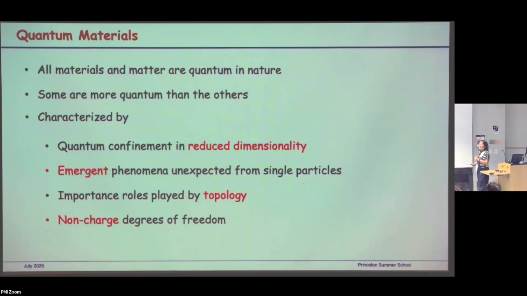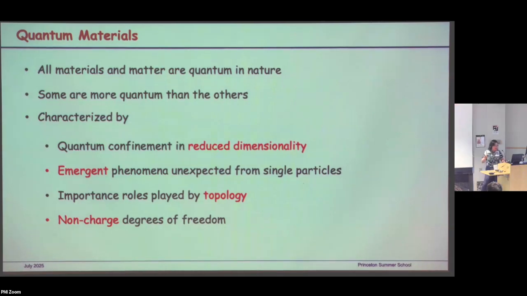They display emergent phenomena not expected from single particles, for example correlated states such as superconductivity, magnetism, and ferroelectricity. There are important roles played by topology, and often there are non-charge degrees of freedom, such as valley degrees of freedom or spin degrees of freedom.